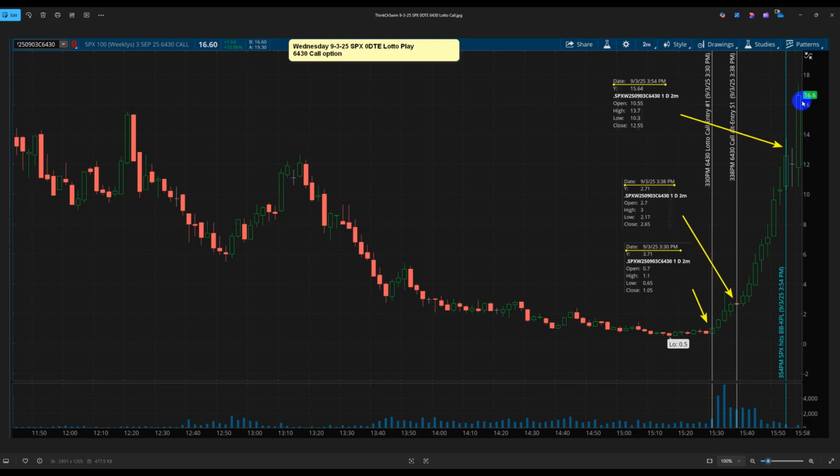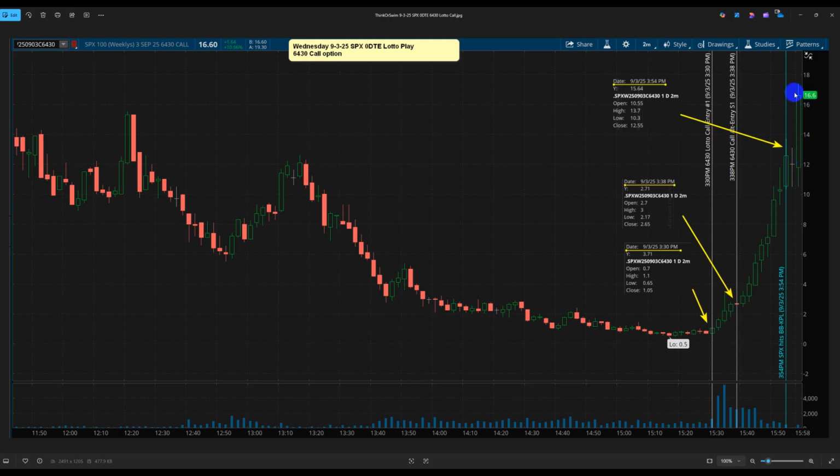Okay, so as you can see here at the end of the session, we did get a spike above, where it spiked almost right to mid KPL R1, and this particular call option, if you held it into the close, you would have gotten out at $16.60.